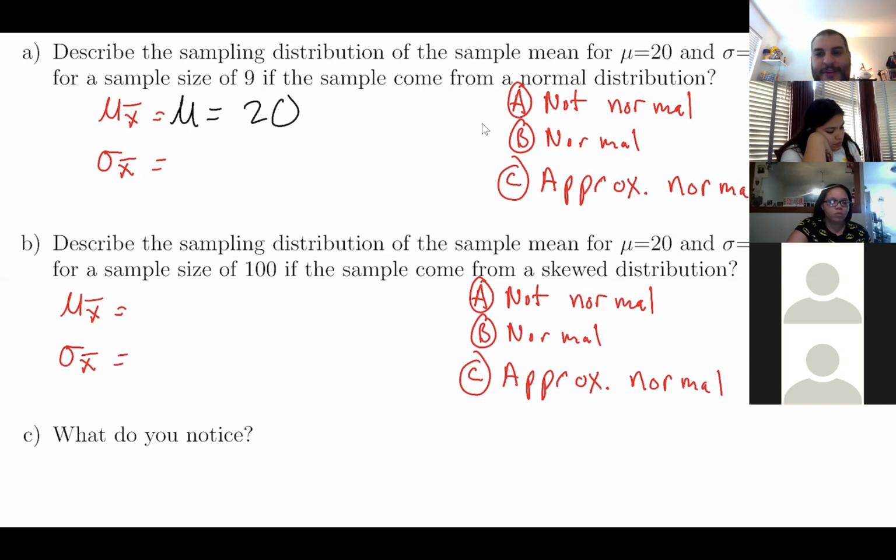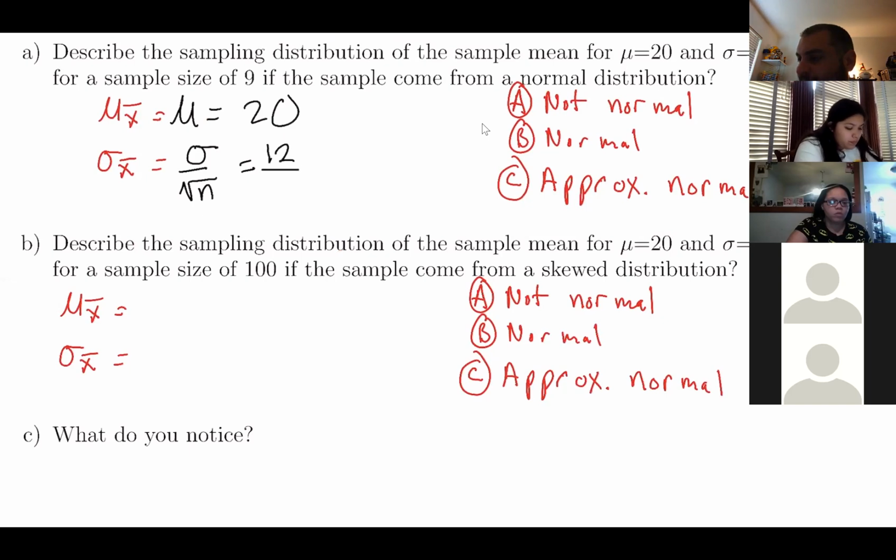Up next, we're going to find standard error. The formula for standard error is sigma divided by square root of n. The basic formula is always going to be standard deviation divided by square root of n. So we get standard deviation, which is 12, divided by square root of n, which is square root of 9.